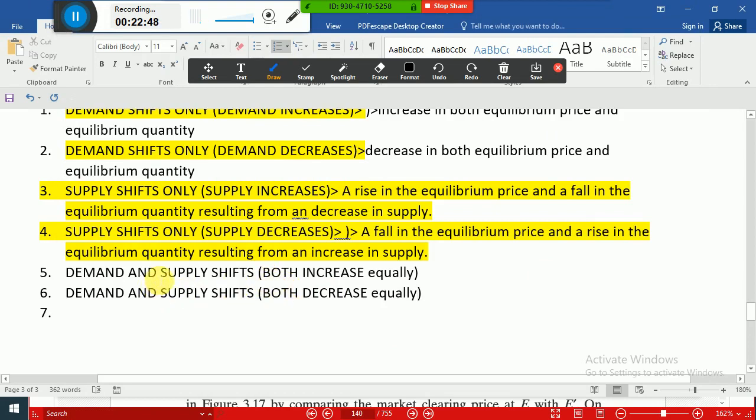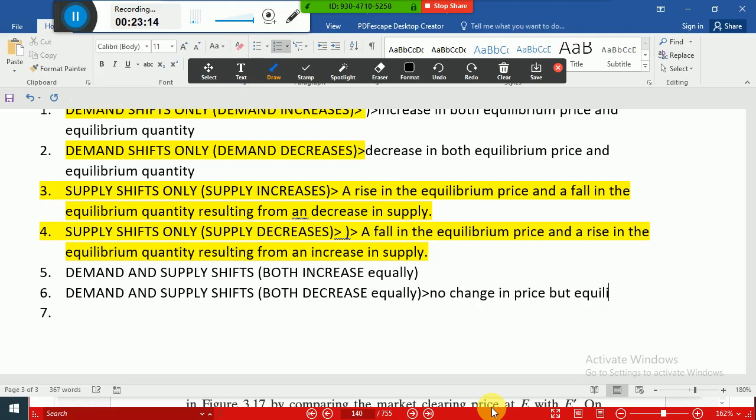So we have analyzed equal decrease in supply and demand, so that there is no change in price, but equilibrium quantity has decreased.